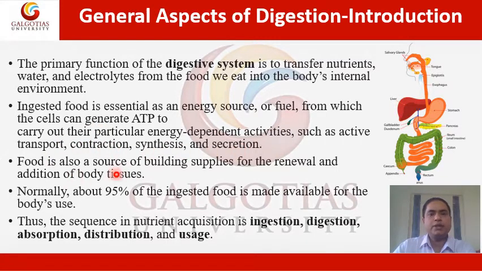So food is also a source of building supply for the renewal and addition of body tissue. Normally about 95% of ingested food is made available for the body's use. Thus the sequence in nutrition acquisition is ingestion, digestion, absorption, distribution and usage.